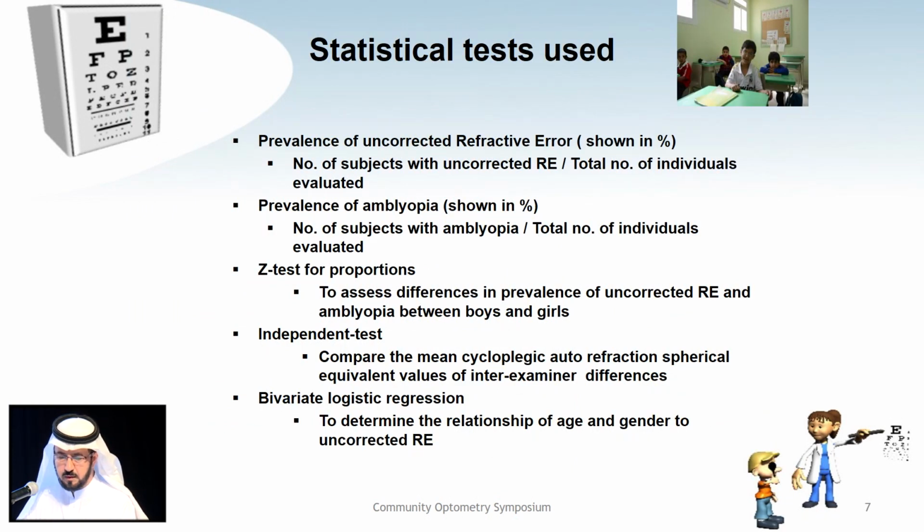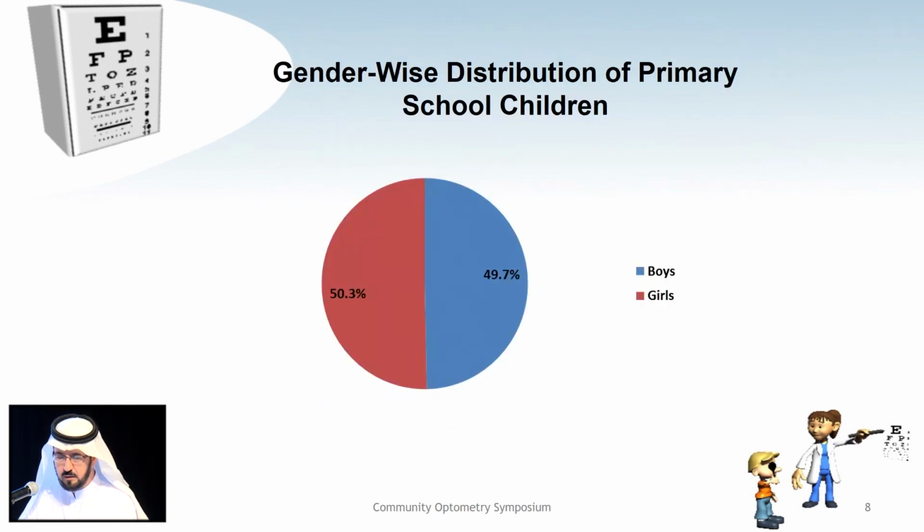The prevalence of uncorrected refractive error is shown in percentage, and the prevalence of amblyopia as well is shown in percentage, and we used these tests to do the analysis of our data. We have seen girls and boys about equal in size.